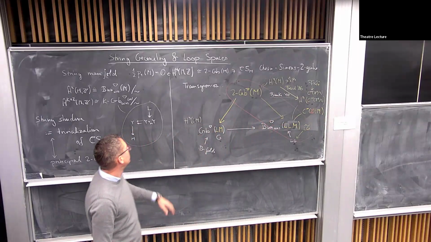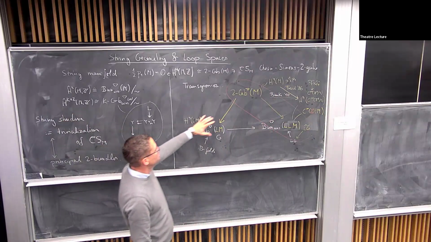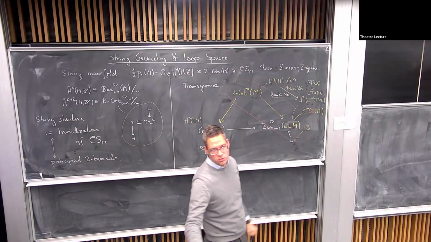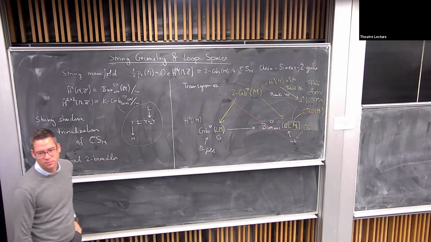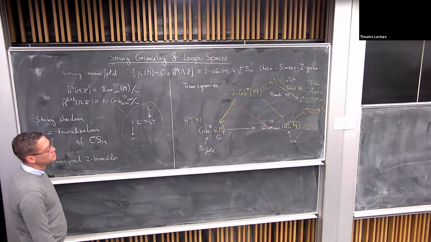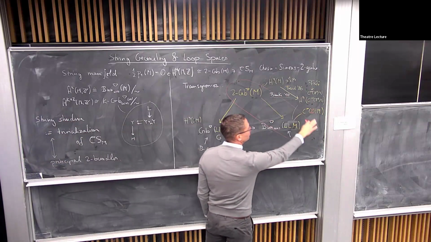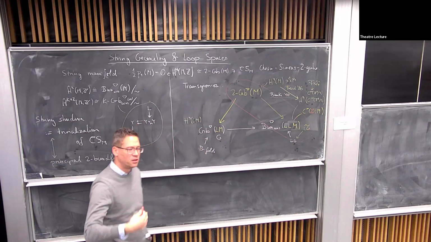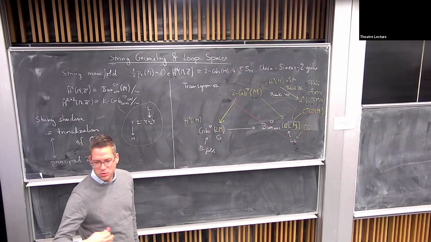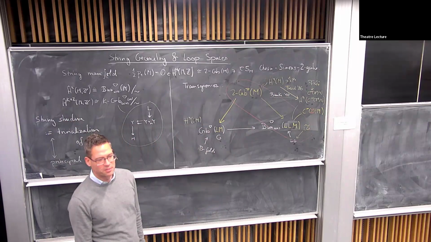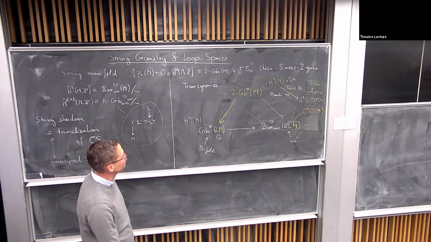So a string structure not only cancels the anomaly for tori, but for all closed oriented surfaces. Okay, that's very nice. So one choice of string structure cancels all the anomalies for all surfaces, right? In the string perturbation approach, you have to sum over all the surfaces. That doesn't matter. It's done for all surfaces.